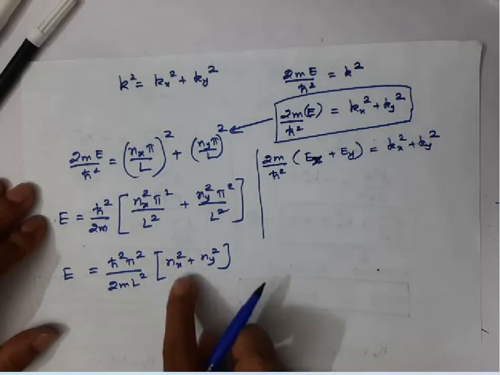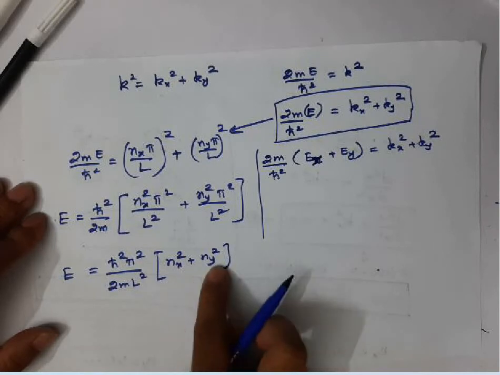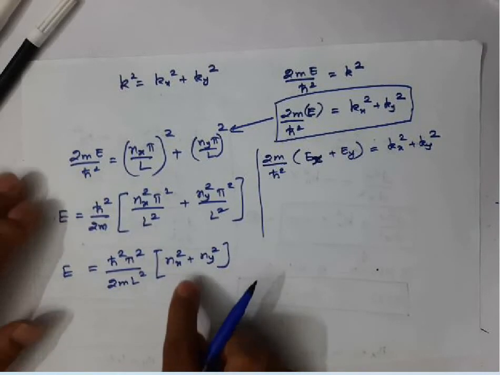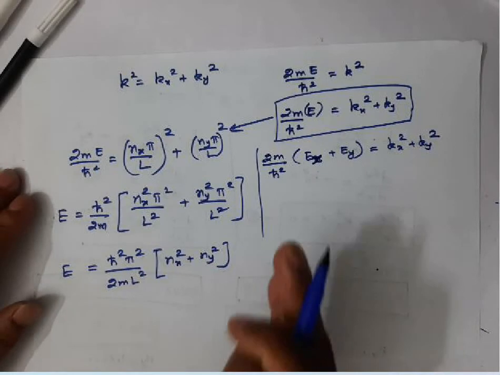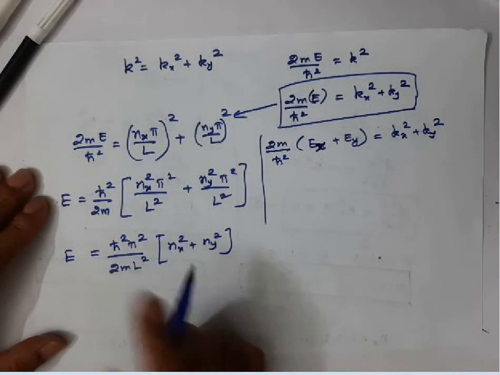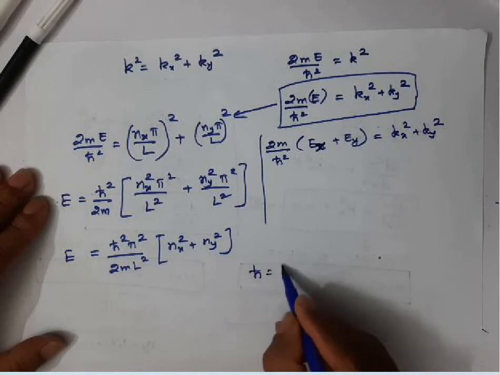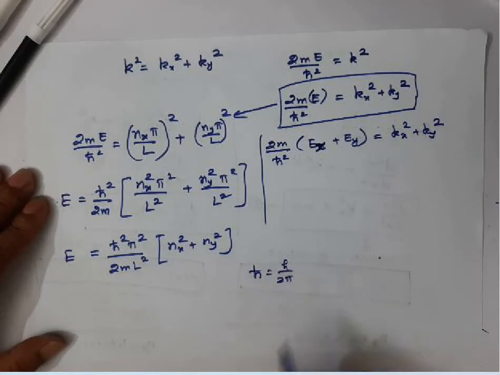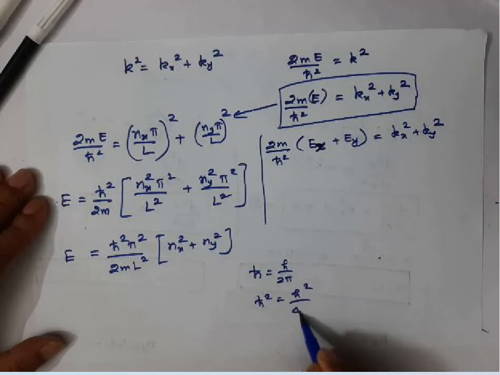And remember, nx and ny are quantum numbers. They can take only certain allowed values, that is 1, 2, 3, 4, etc. We know very well h bar is nothing but h by 2 pi, so h bar square equals h square by 4 pi square.